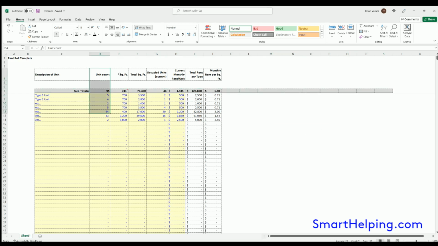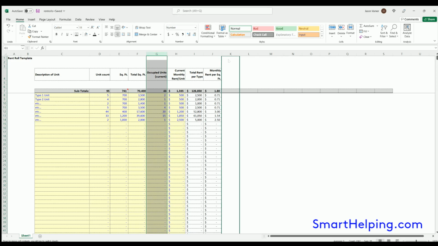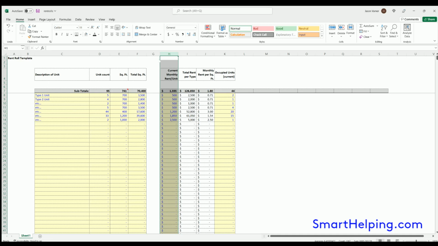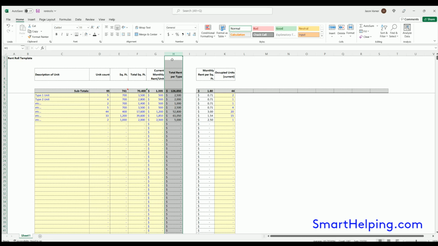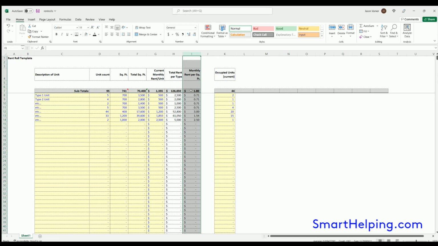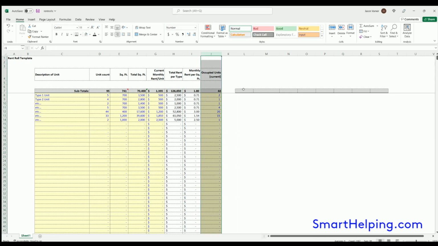So we have unit count, square foot, total square feet, occupied units. Now I might want to move this over because we want to put in here current rent, total rent per unit, total rent per type, monthly rent per square foot, and now we have occupied units, and we need occupancy.